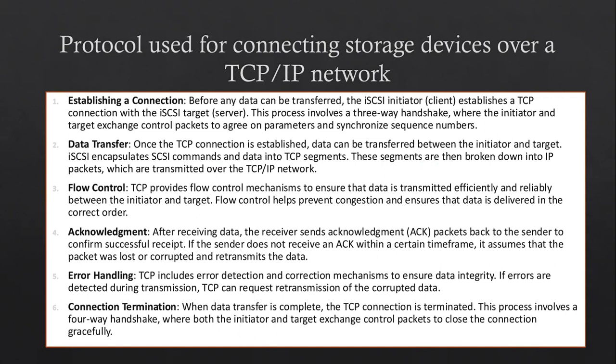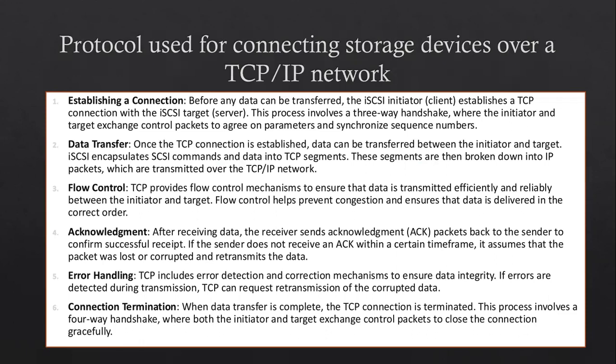Next, it does data transfer. Once the TCP connection is established, the data is transferred between the initiator and the target. As we have seen in the diagram, the data is transferred from the initiator to the target. iSCSI encapsulates the SCSI commands and the data into TCP segments. These segments are broken down into IP packets which are transmitted over a TCP network.